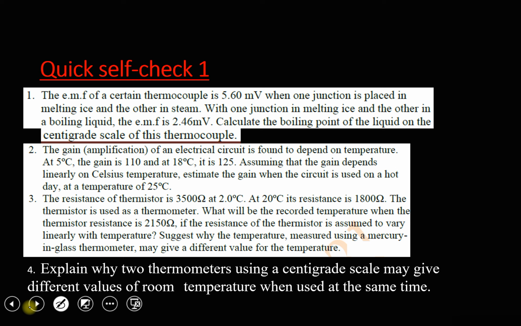The EMF of a certain thermocouple is 5.6 millivolts when one junction is placed in melting ice and the other in steam. So let me just sketch a thermocouple here. This is the voltmeter where we have one junction here, another junction on the other side. Let's say this is in ice and the other one is in steam.